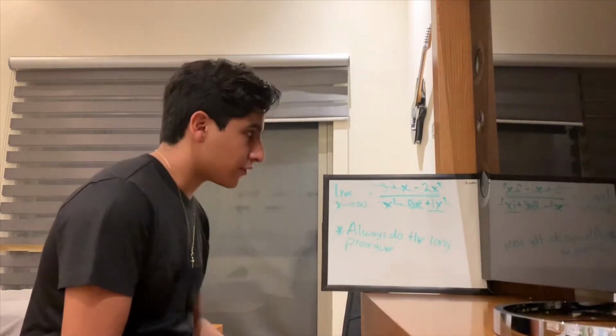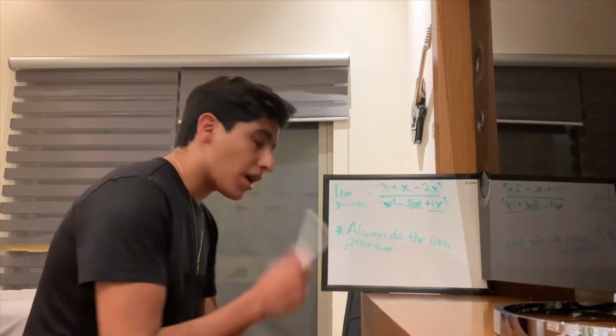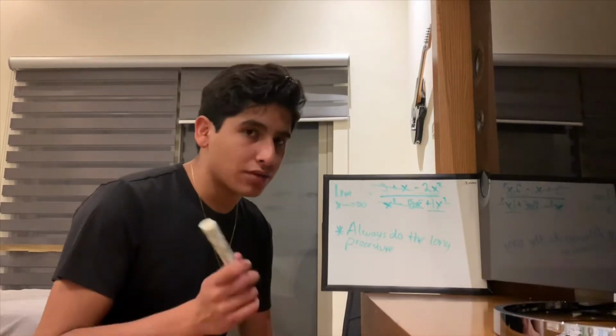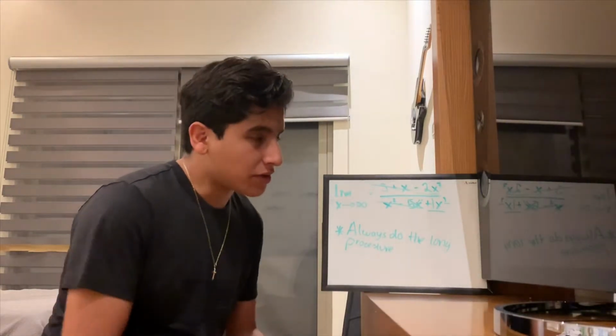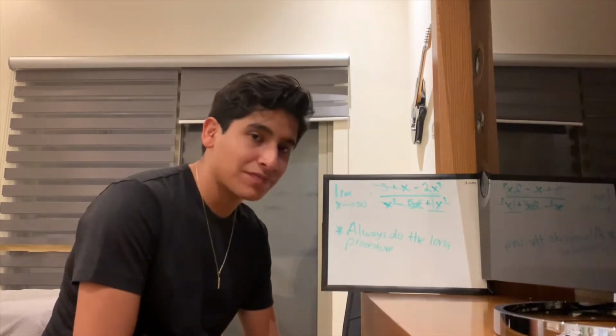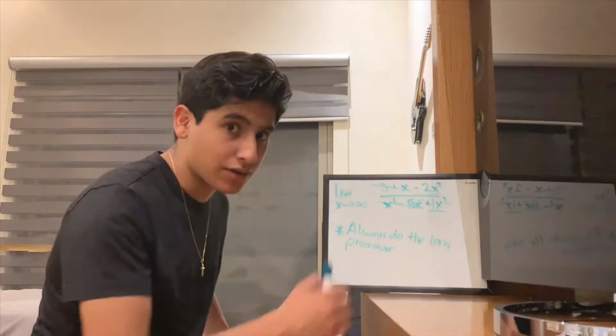Do the long procedure first and do the shortcut as a check. My personal recommendation is to always be sure twice, because probably your teacher will prefer that you do the long procedure. So stay cool. Let's go for the next problem.